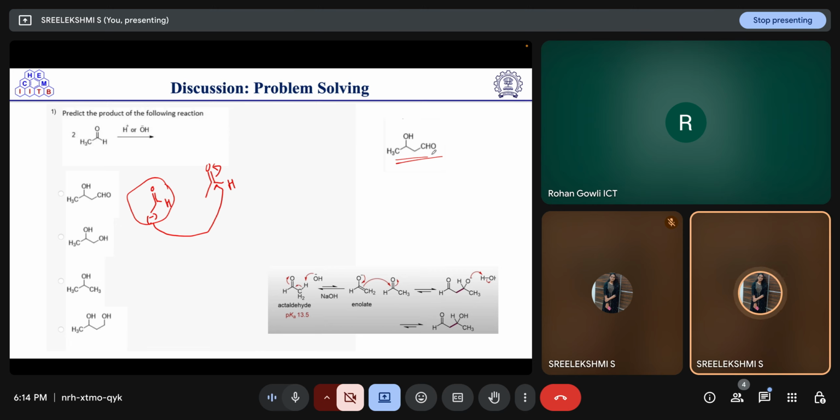If one water molecule is eliminated, like this proton is going here and this OH minus is leaving, so one water molecule, OH and this H, is getting eliminated and here one double bond is forming, that time we call it aldol condensation reaction if it is basic condition, or if it is acidic condition. Okay, so condensation means one water molecule is also getting eliminated.